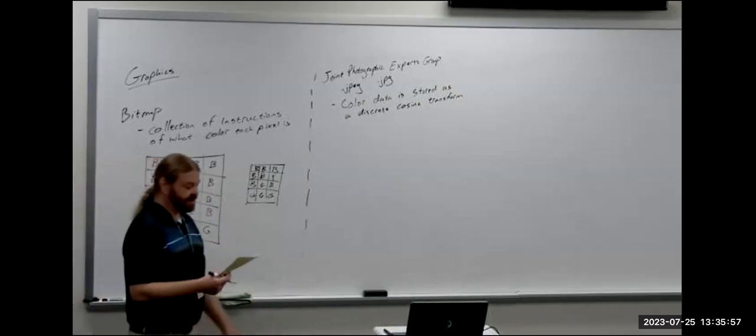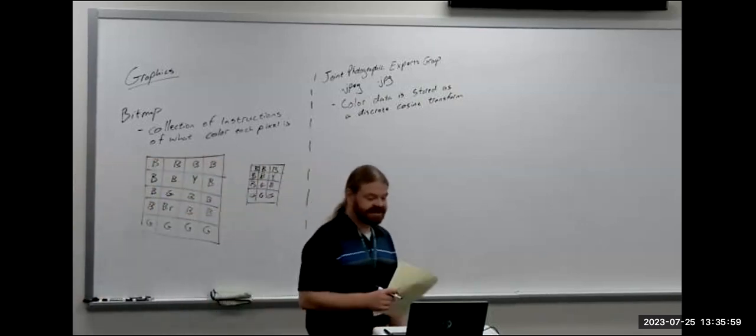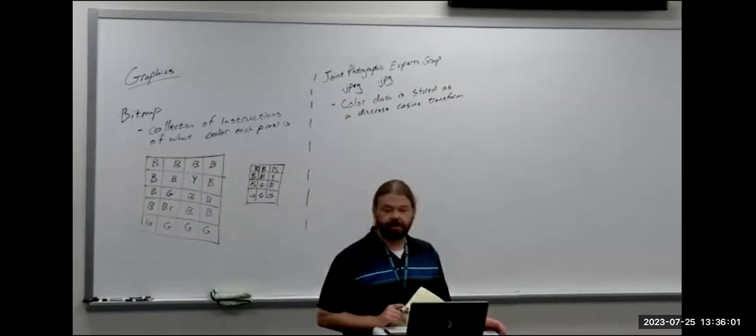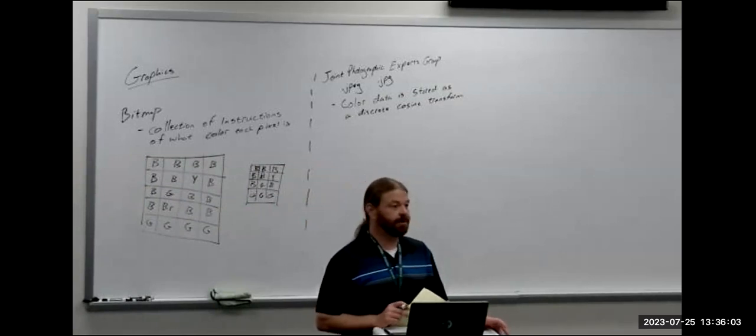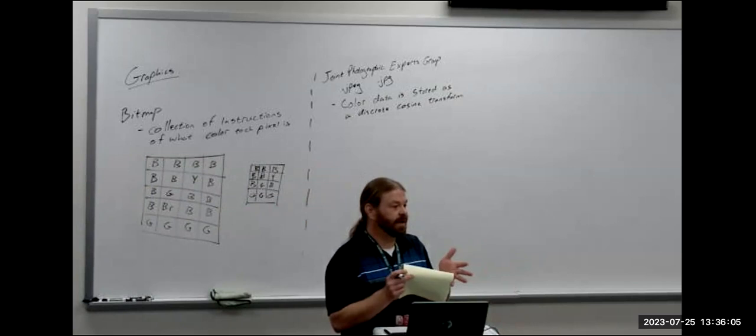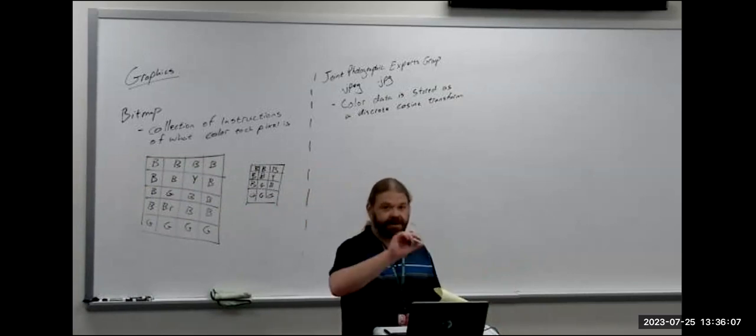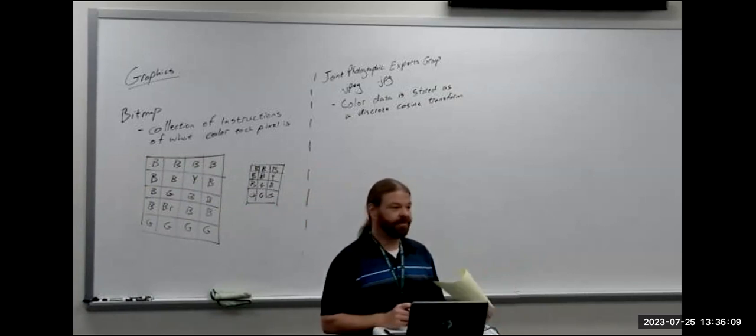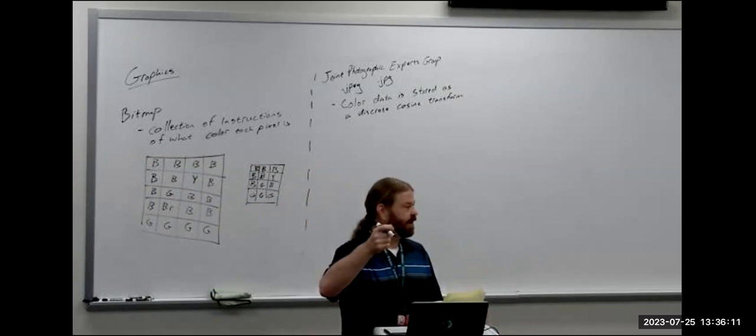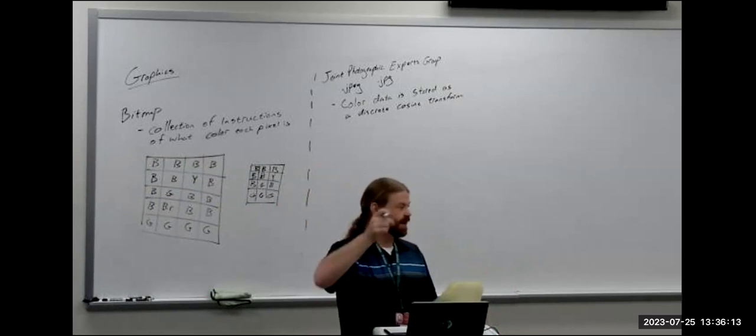So discrete is distinct values. So computers are distinct machines. We either have a 1 or a 0, and we don't have the stuff in between. But an analog, like old radio, the volume knobs, you have every point in between.